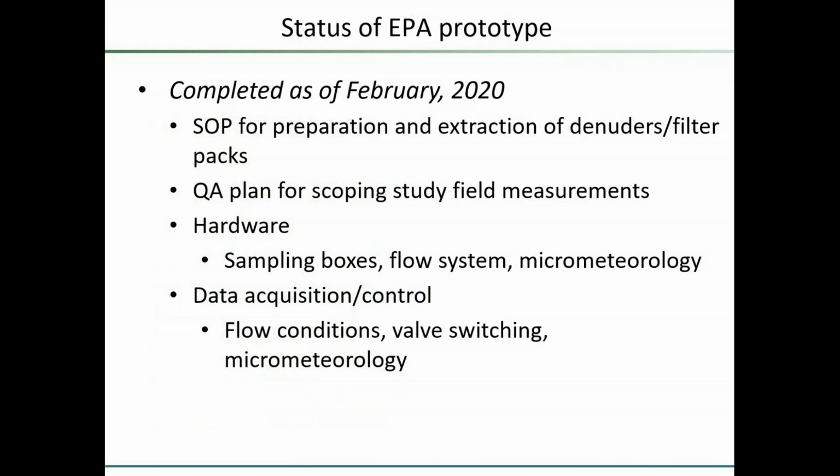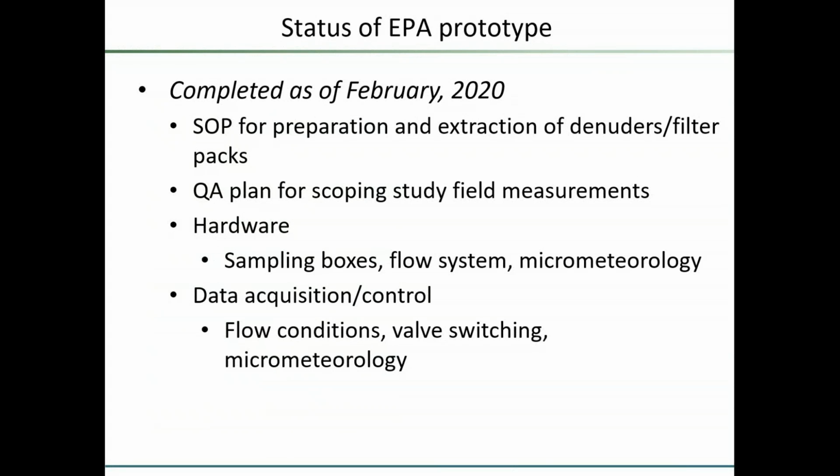We have completed, I say we, Ryan is doing most of this work. The hardware for the system is all put together and complete, the sampling boxes, the flow system, the micrometeorological components, as well as the data acquisition and control for monitoring the flow conditions, switching the valves based on the communication of the micrometeorology with the sample boxes, et cetera.